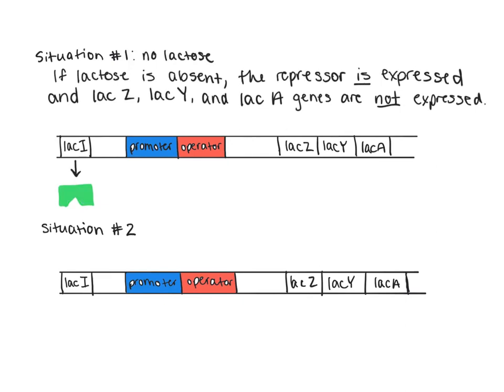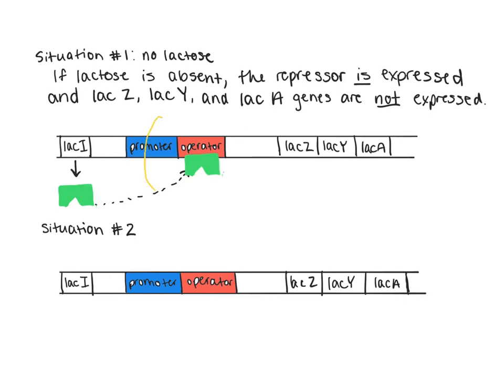And the way that this repressor works is it travels on and latches on to the operator. We can show that, it comes on over here and latches on there. And what this does is it blocks RNA polymerase from being able to get by.